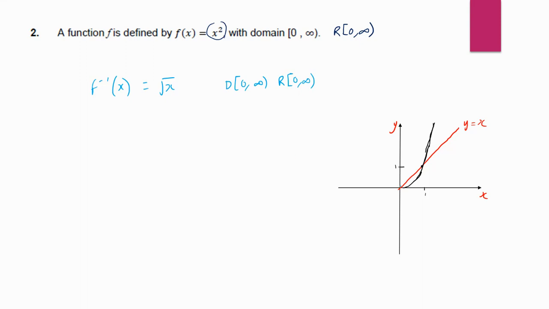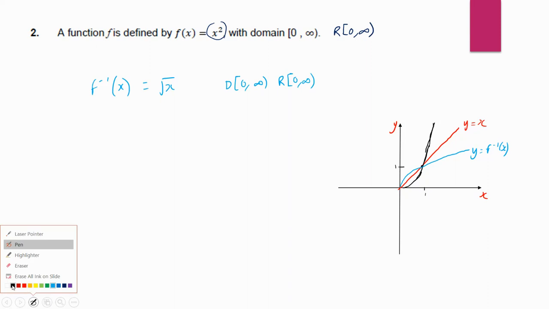And then to draw this, it's just a reflection in the line y equals x. So again, nice and steady curve, and it goes off this way. So this is my inverse function graph, and this here is my original function x squared for 0 to infinity.